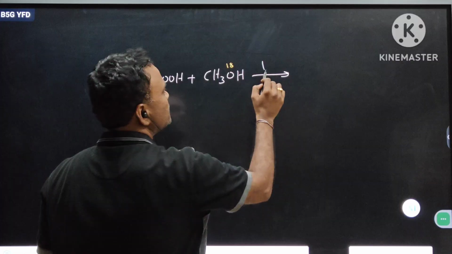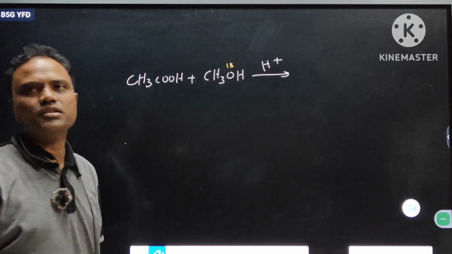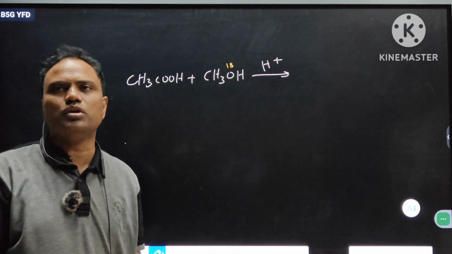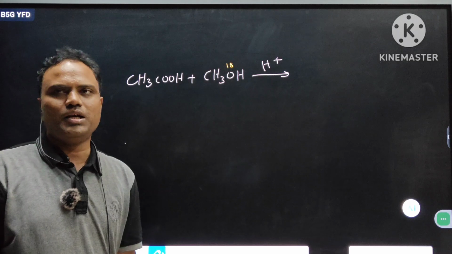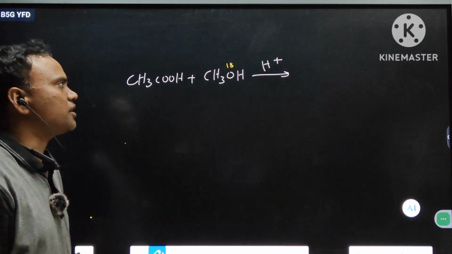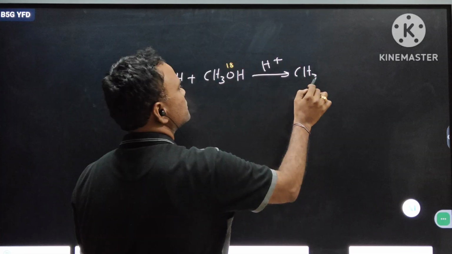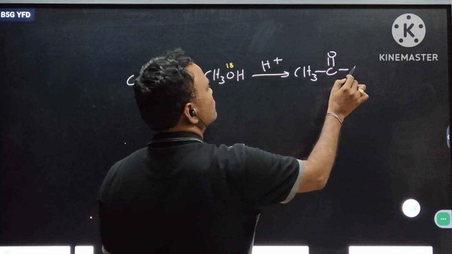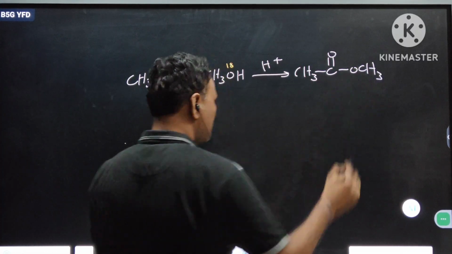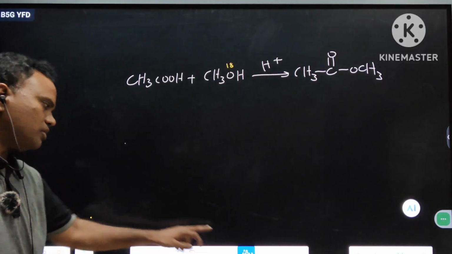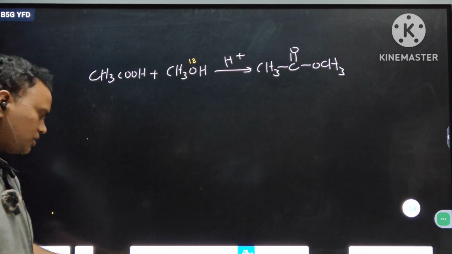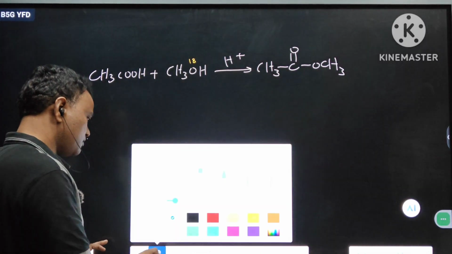In the presence of acid. Acid catalyzed. If acid is not present, then the reaction does not take place, or is very slow. Acid acts as a catalyst. This is an acid catalyzed reaction. Then the product is CH3, double bond O, CH3. What is its name? Names are very important. Give the name for this compound.